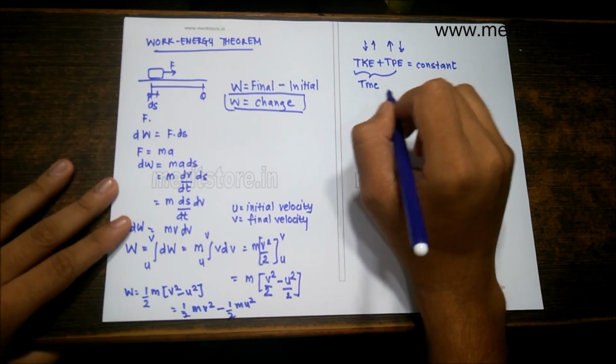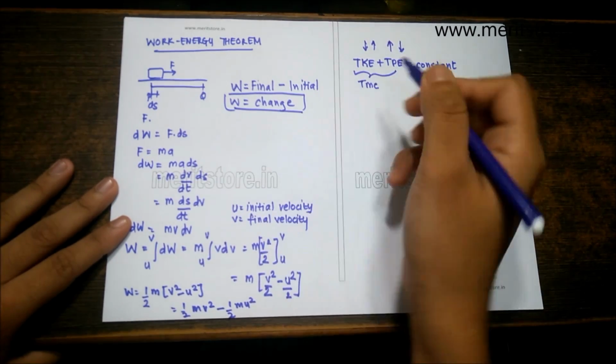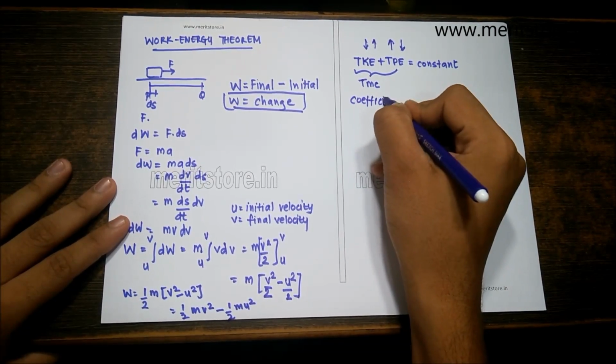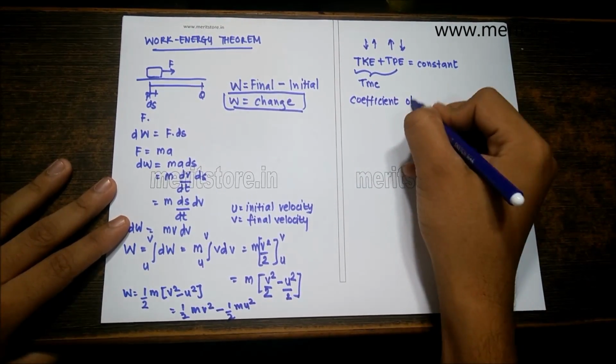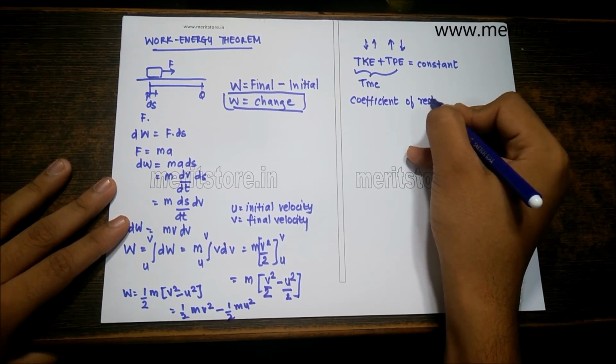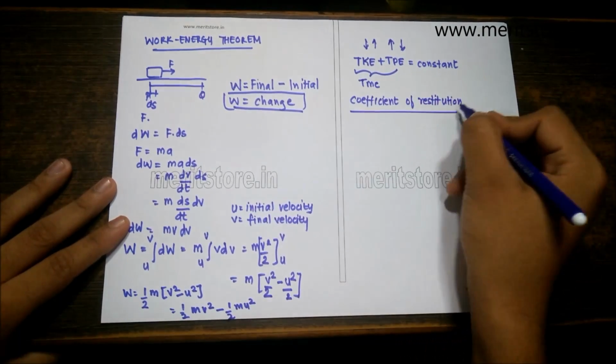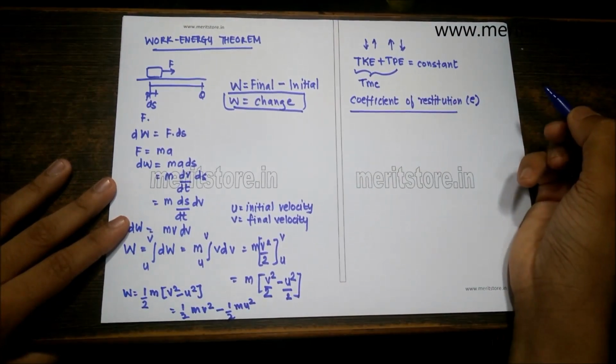So from now on, let's define a new concept called coefficient of restitution, which is given by e.